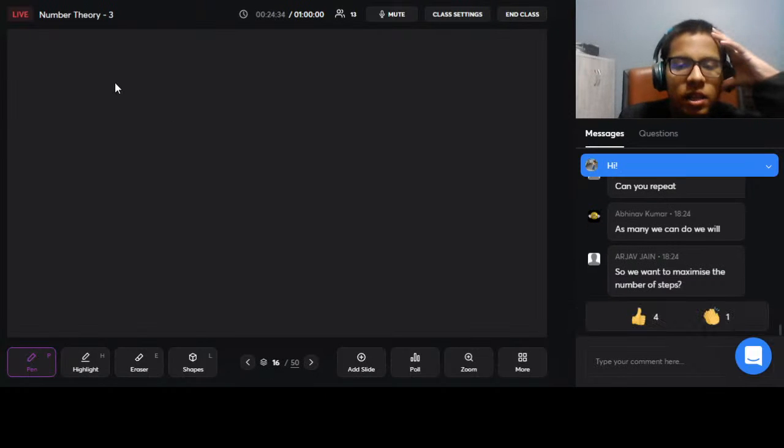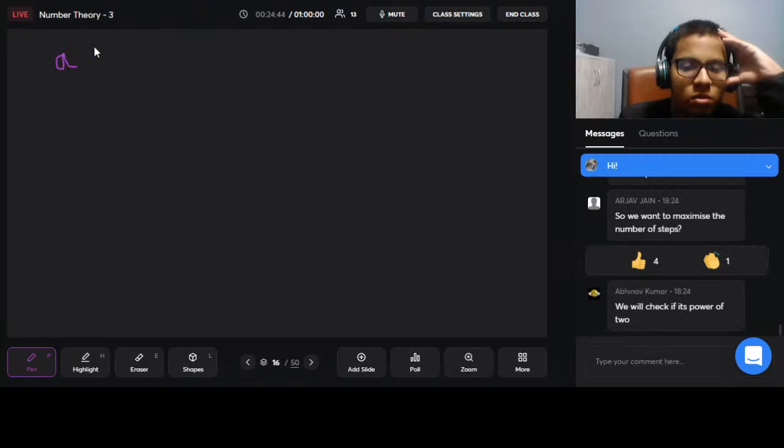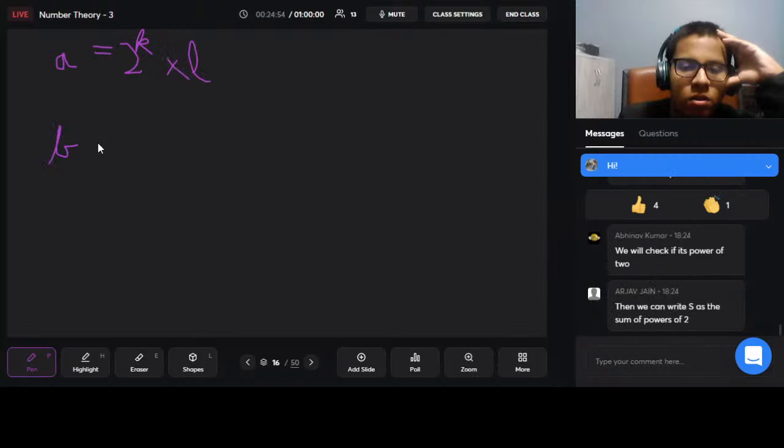So this is the slide only. So Tejas says that we can consider the power of 2 that divides A and B. So say A is equal to 2 to the k into L, where L is odd, and B equal 2 to the j into m, where m is odd.